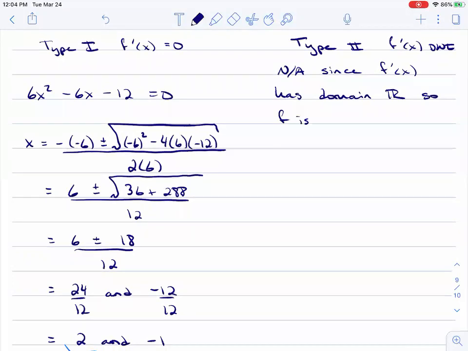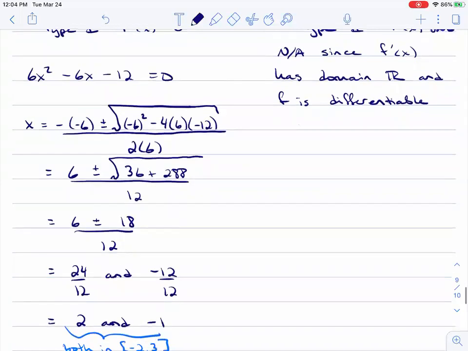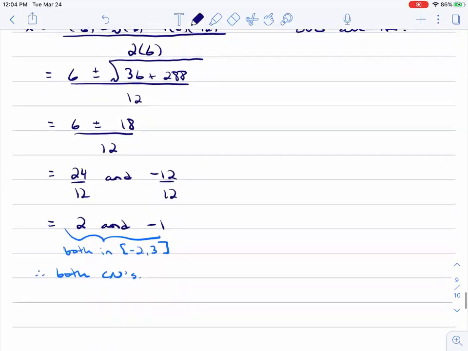And f is differentiable over all real numbers. So the critical numbers that we found were 2 and negative 1. And so those are our only critical numbers.